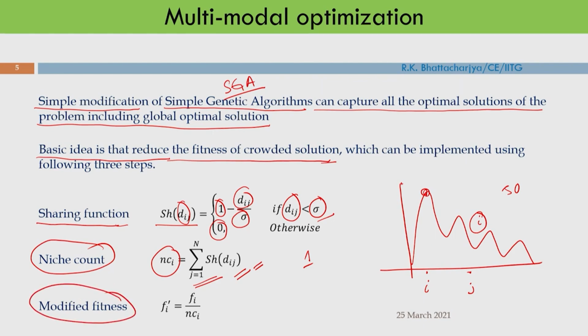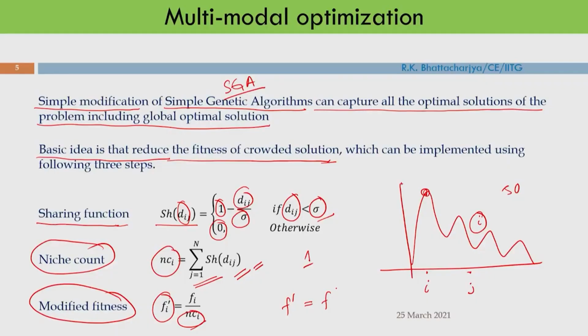Then, once I have the niche count, I calculate the modified fitness. The modified fitness is f dash i, which is basically Fi divided by the niche count NCi. If the niche count is 1, the modified fitness equals the original fitness, because that particular solution is not crowded. So the fitness value will not reduce; that is an isolated solution.